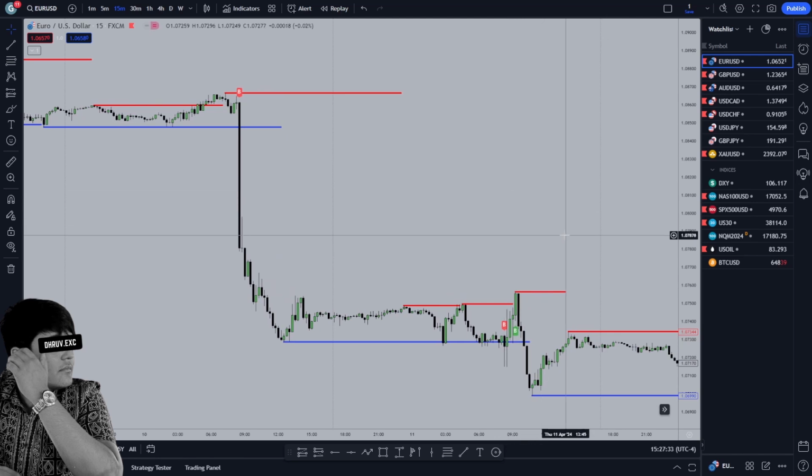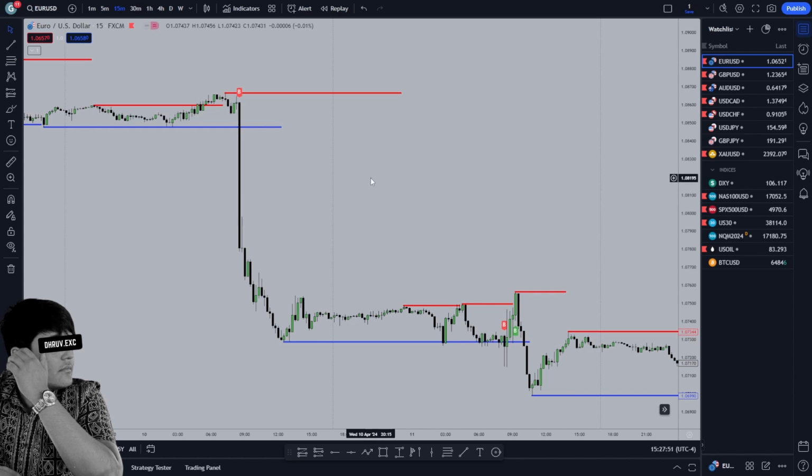Okay, so now we'll use this indicator over here. This indicator, support and resistance, levels with breaks. We are going to use this indicator to find out liquidity in the market.